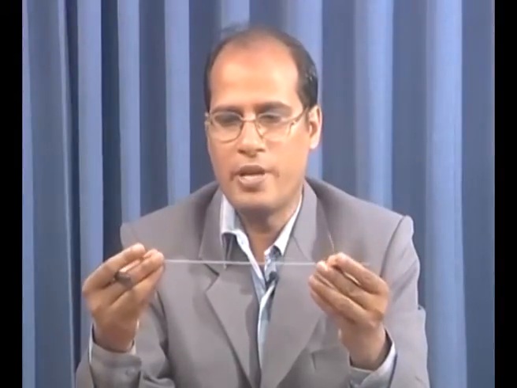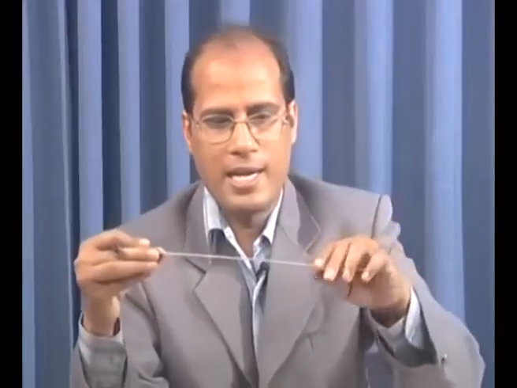In a cantilever beam, when one end is fixed and the other end is free, at the free end the bending moment and the shear force are 0, and at the fixed end the displacement and the slope are 0.